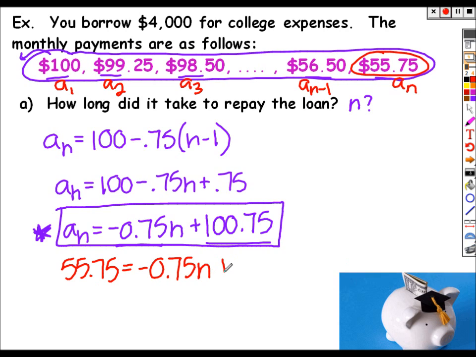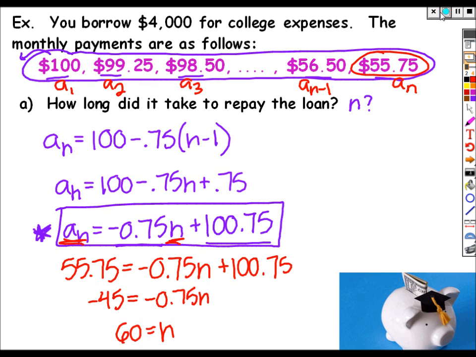Now I want to know what number term that is. So all I need to do is plug in that value of the nth term, and that should allow me to solve for n and figure out what term number that is. So if you subtract 100.75, divide by negative 0.75, you should get that that was the 60th term.